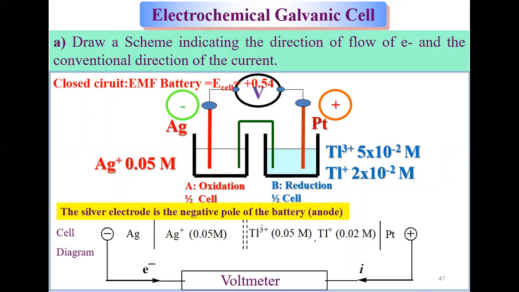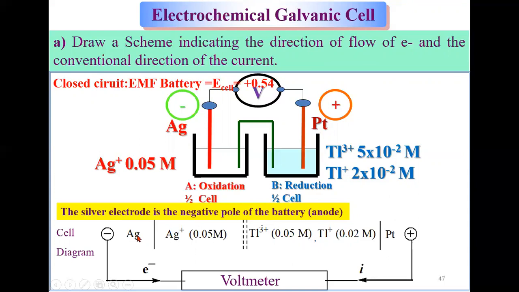Now, if I want it in terms of a cell diagram, we can write it down, of course. You put the oxidation here, you put a double line for the salt bridge, and the reduction side on the right-hand side. So you start with the oxidation. And how do you write it down? You write it down as it's written in an oxidation form.